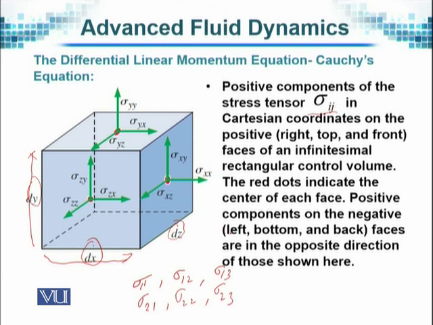Their components act on the left, bottom and back faces, but altogether there will be 9. So when I am writing the same things in rectangular coordinates, I will be writing them as sigma xx, sigma xy, sigma xz, and similarly sigma yx, sigma yy, sigma yz, and so on.